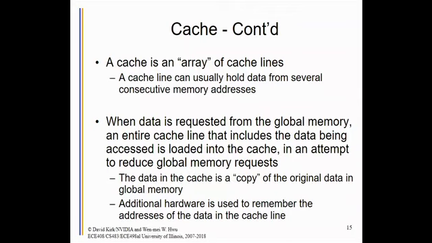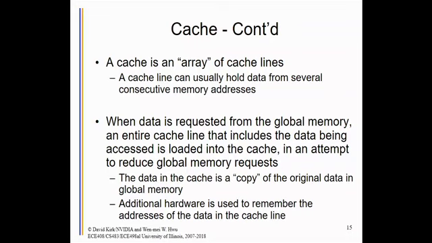So the data in the cache is really a copy of the original data. This is very, very important to remember. Anything you put into the cache, you always have a home copy in the global memory. Whereas in shared memory, you could allocate a shared memory location and just write into it. There's no copy in the global memory until you explicitly move it into a global memory variable.